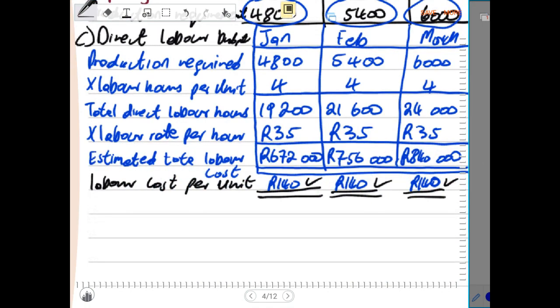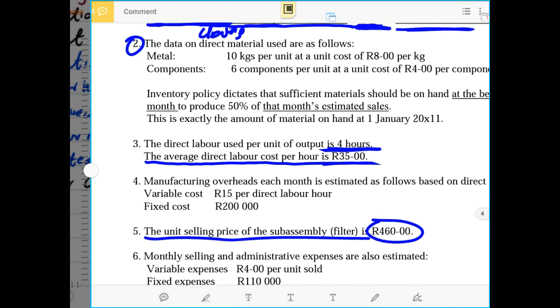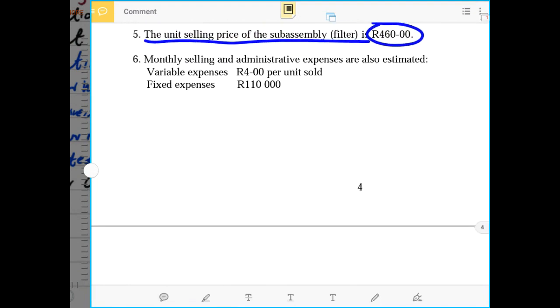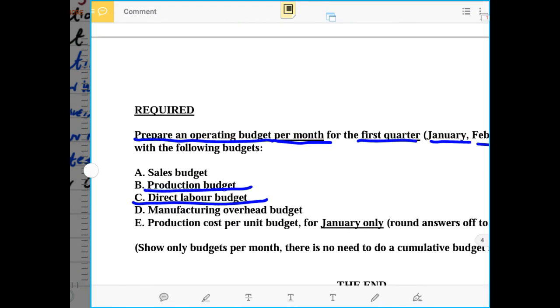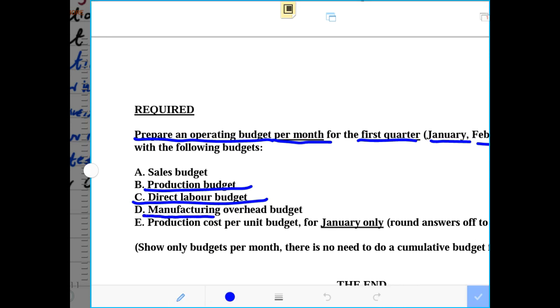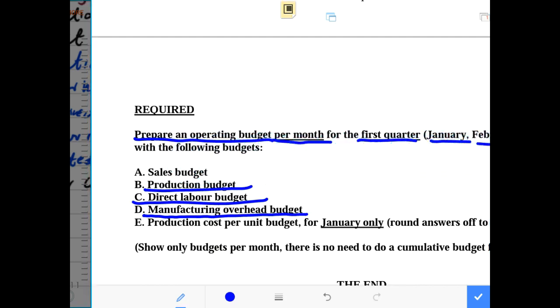Then we go to number D, and number D is the requirement that requires us to do the manufacturing overheads budget. Manufacturing overheads budget.